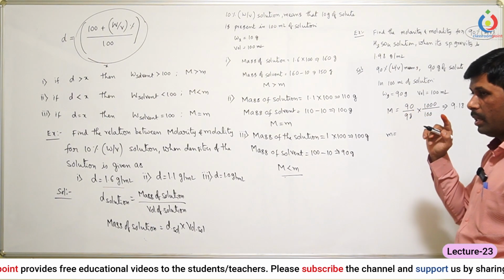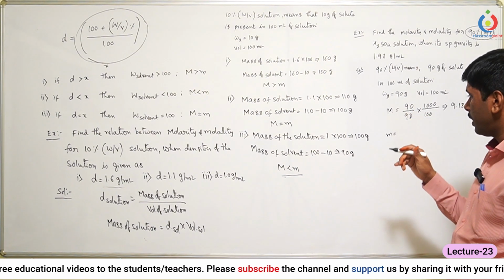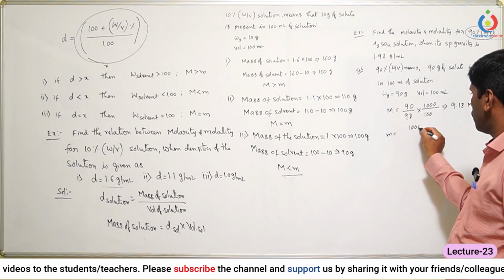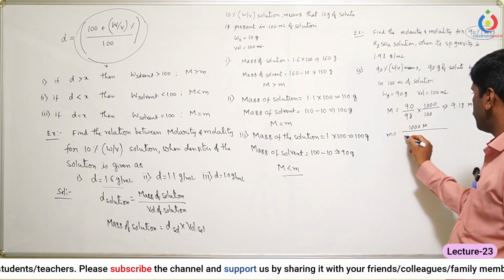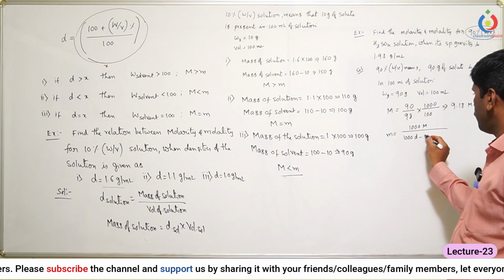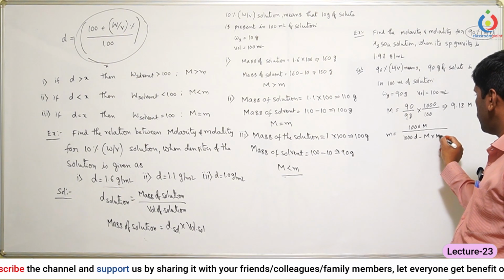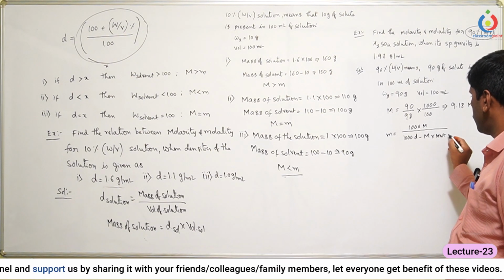Now let us calculate the molality. So molality can be calculated in two ways. Directly by taking the relation 1000 M divided by 1000 d minus molarity into molecular weight of solute.